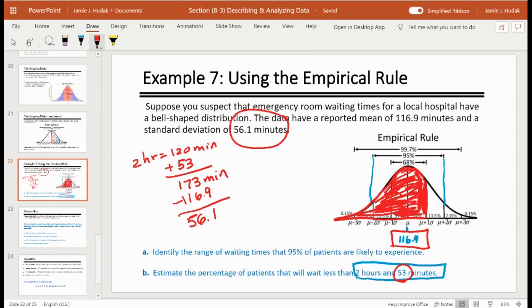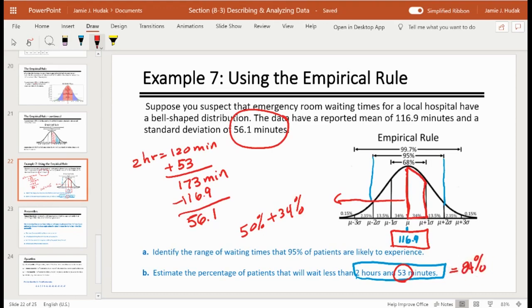So to calculate this, we know that this is 34% of the data, and everything from the mean to the left is 50%. So 50% plus 34% means that 84% of the patients will wait 2 hours and 53 minutes or less.